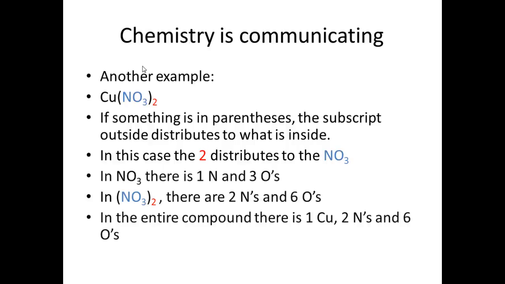If I have a 2 outside the parentheses, that just means I have 2 of whatever's in the parentheses. That's what I was getting at. So that means I have 2 groups of this NO3 here. In just one NO3, there'd be one N and 3 O's. So (NO3)2 means that there's 2 N's and 6 O's. So the entire compound is 1 Cu, 2 N's, and 6 O's.